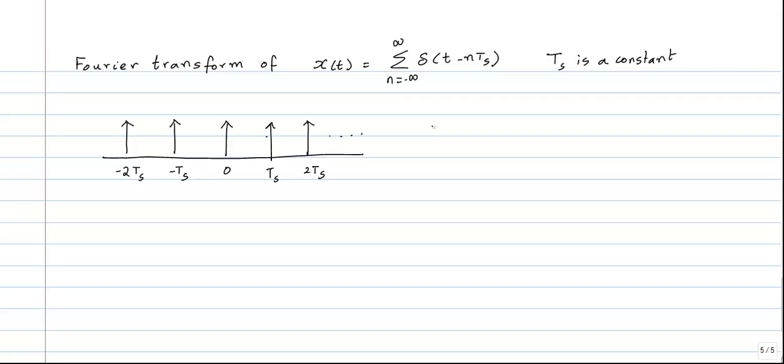Now notice that the time period of the signal is t sub s, or equivalently the fundamental frequency is 2 pi over t sub s, and we can call this omega naught.